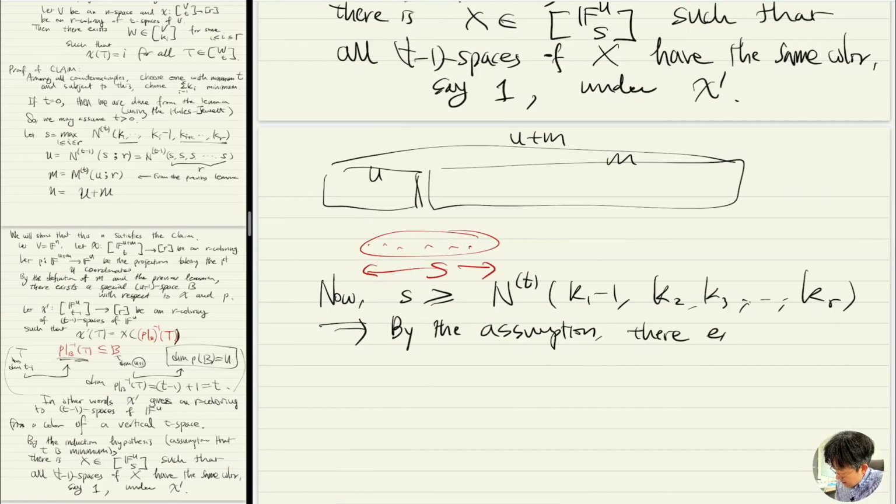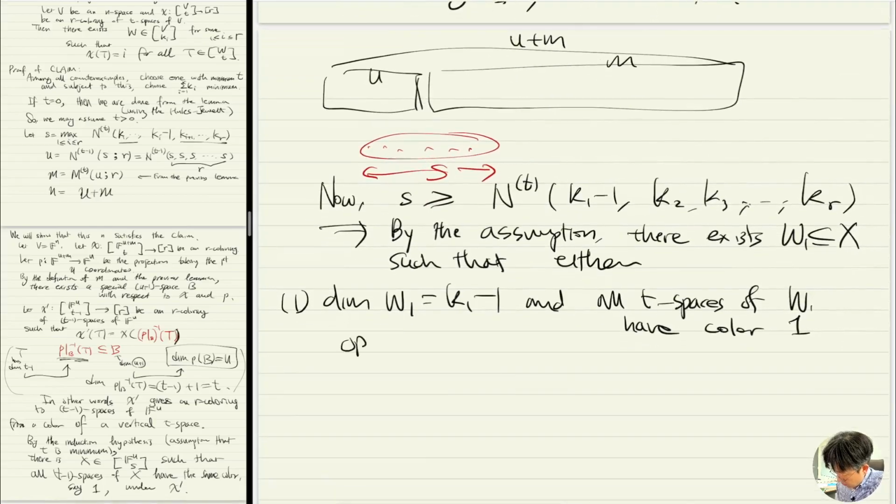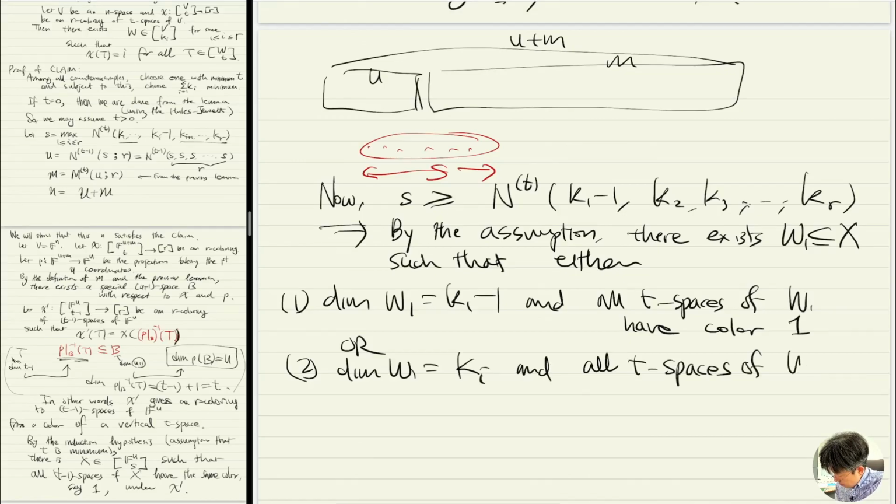there exists W1 in X, a subspace such that either the dimension of W1 is k1 minus 1, and all t spaces of W1 have color 1, or the dimension of W1 is ki, and all t spaces of W1 have color i.